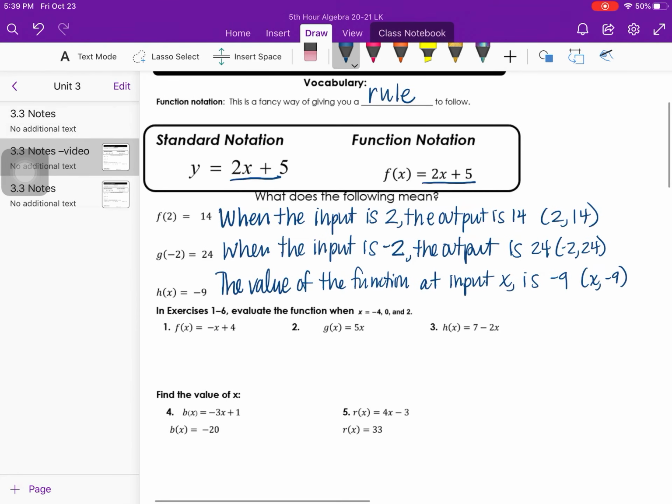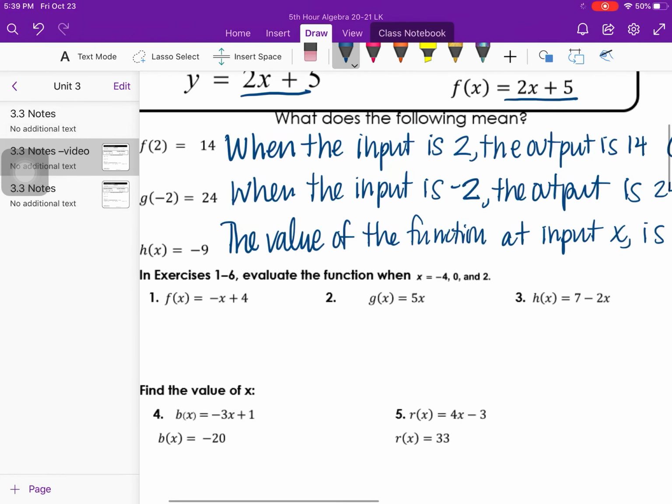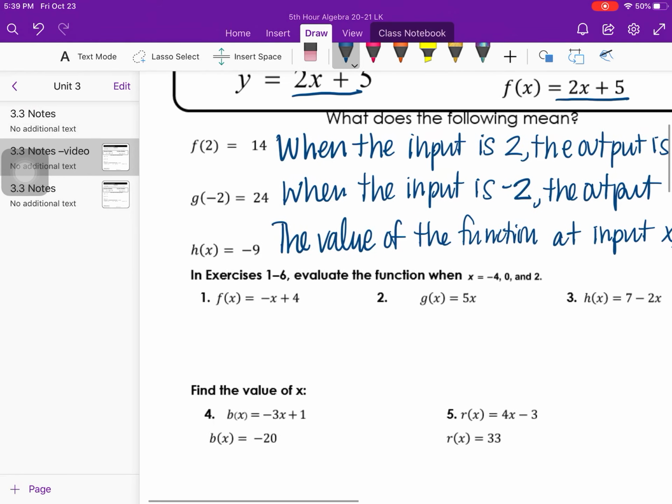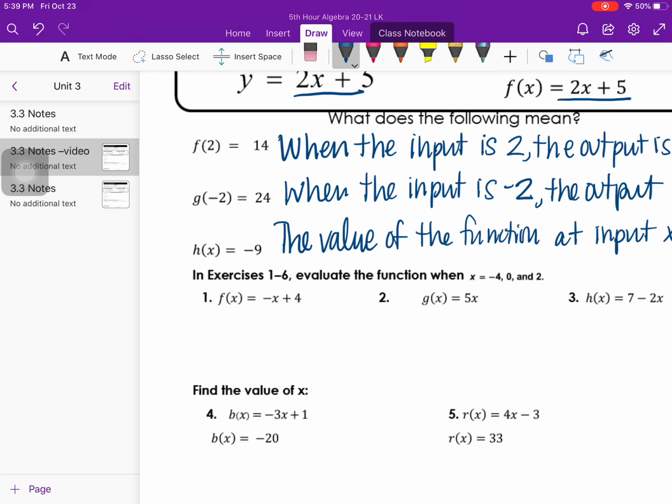All right, now we're going to practice a few, and this is kind of a long section of notes, so I'm going to let you guys do a few of these. I'll do the first one with you. We're going to evaluate the function at these 3 inputs. So we're going to show the function of x when x is -4.